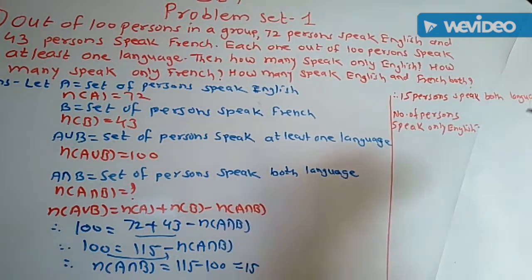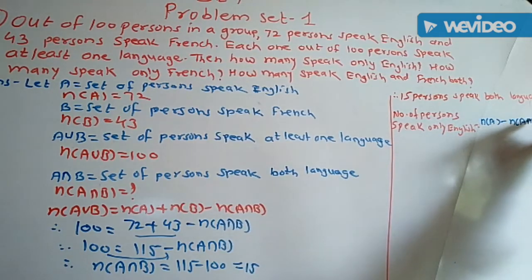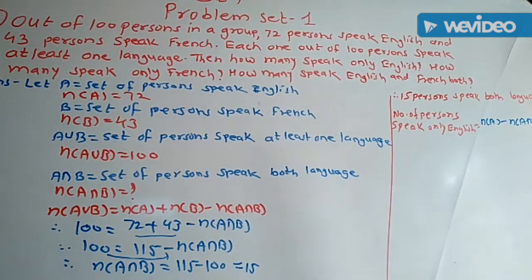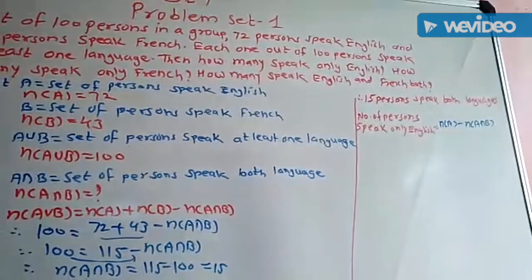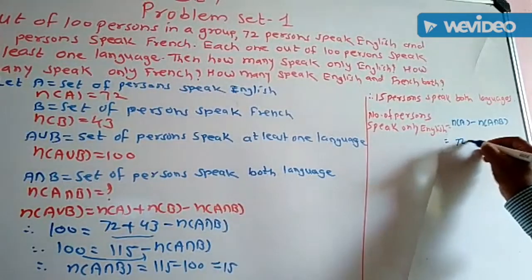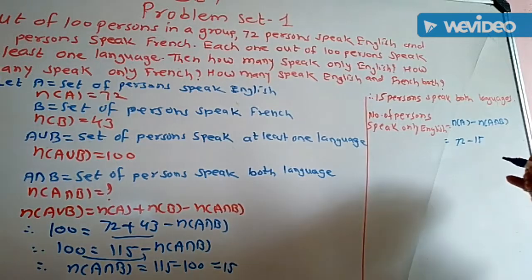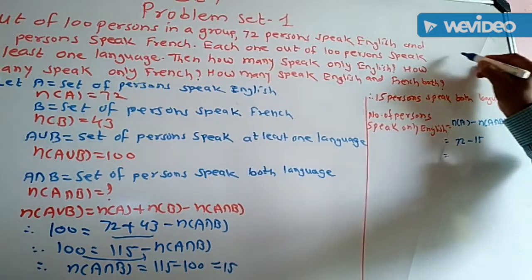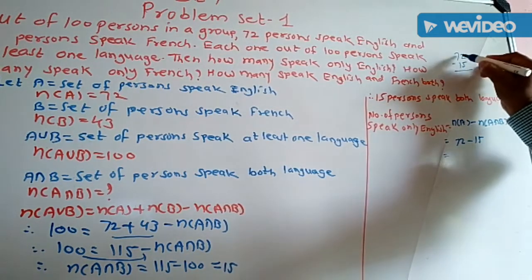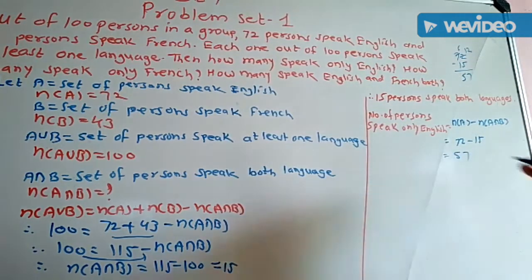Therefore we use the formula n(A) minus n(A intersection B). n(A) is given 72, minus n(A intersection B), which we found to be 15. 72 minus 15 is 57. That is, 57 persons speak only English.